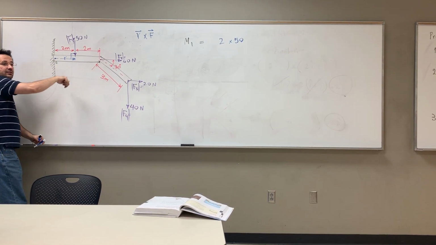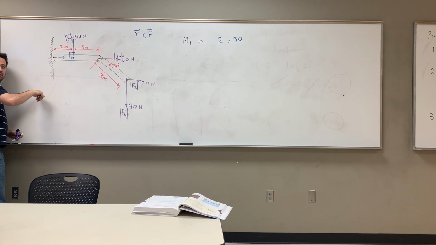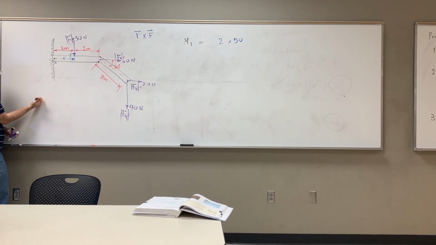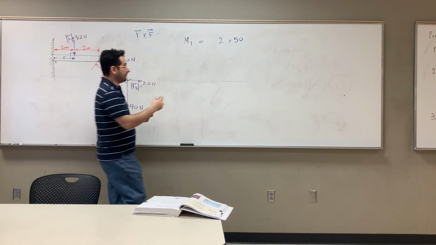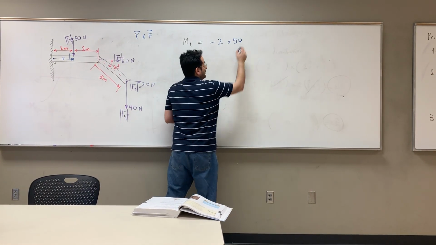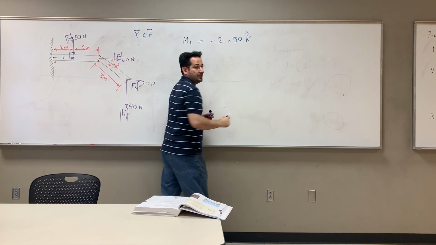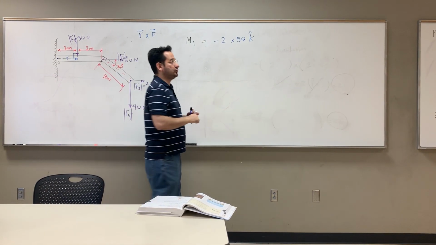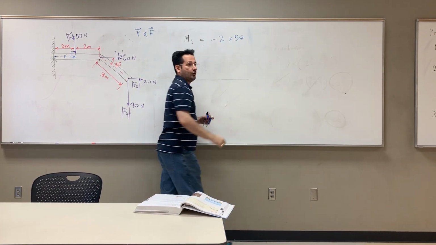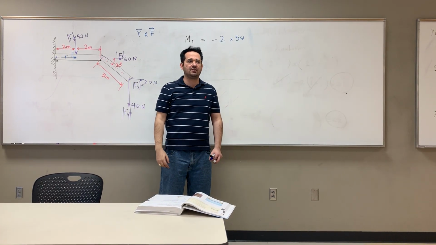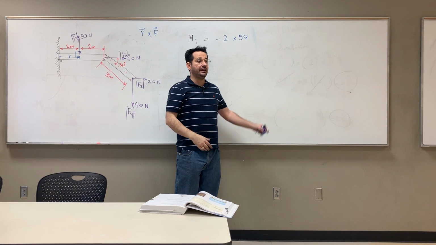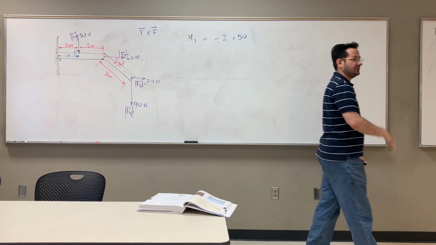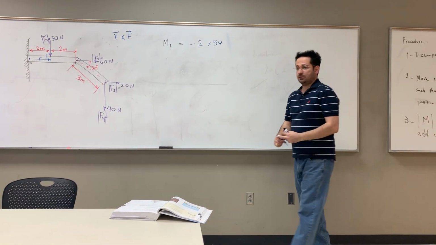So your thumb is inward the plane, which is negative K. Outward is positive, so it's negative, right? And you can alternatively put a K here, but I just don't do that, because we know in 2D everything is either positive K or negative K. In 3D, you have to write it, because you will get IJK, 3 components, right?